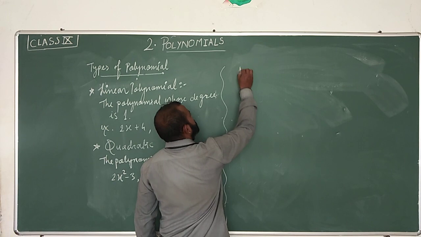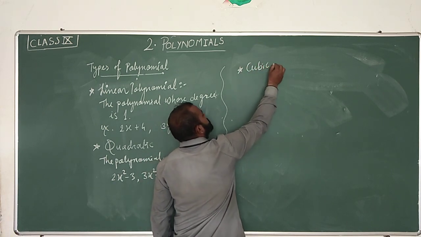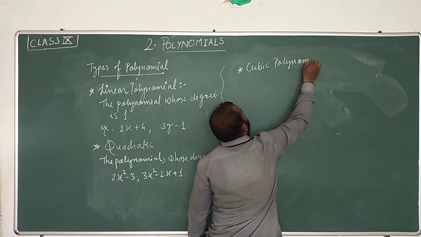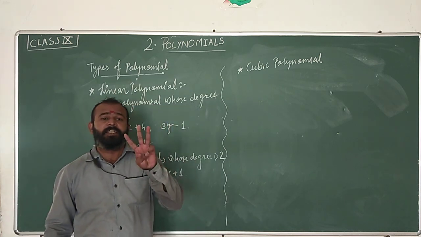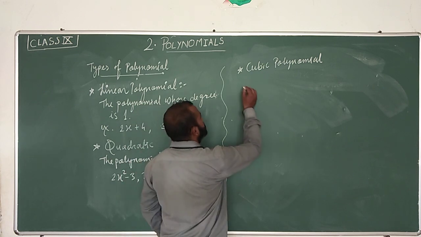After this, there is a cubic polynomial. Now what are these cubic polynomials? So the polynomials having degree 3 is called as cubic polynomial.